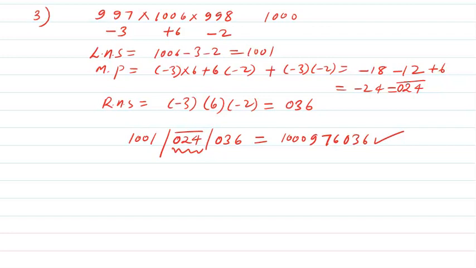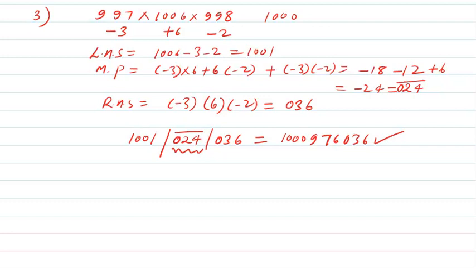So this is how we multiply the digits when they are closer to the base, and there are 3 of them. They may be above the base, they may be below the base. One more kind of problem is left, but I would prefer to do it in the next video, where I will be talking about how to find the product of 3 numbers when they are not necessarily closer to one base.